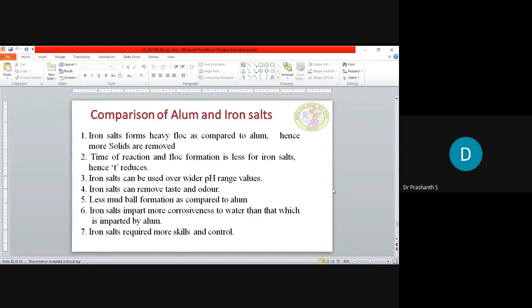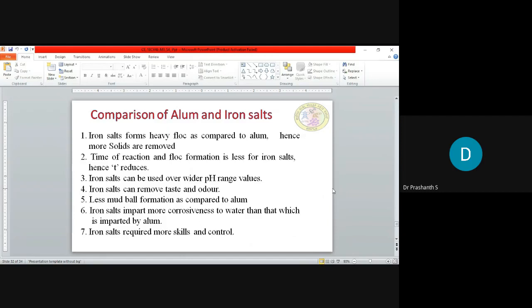If you compare alum and iron salts, iron salts form heavy flock as compared to alum. So the precipitate from the chemical reaction of iron salts is heavier. If it is heavier, it is easily going to settle down and it will attract the other particles also. So more solids are removed easily.